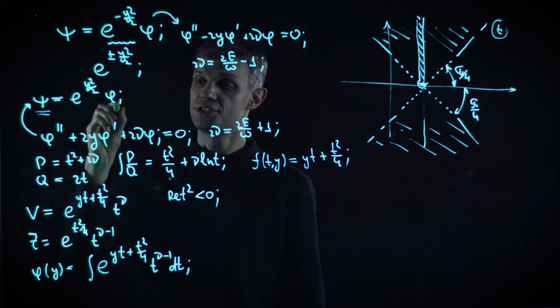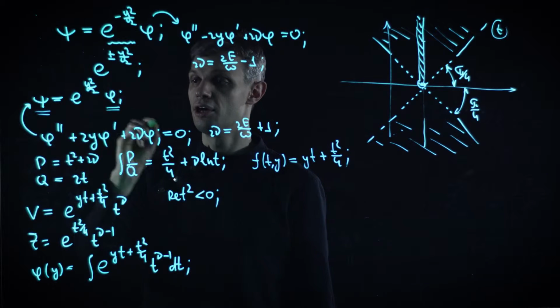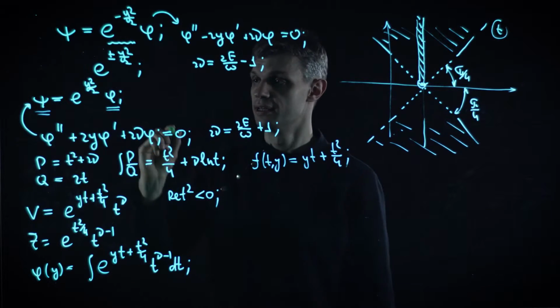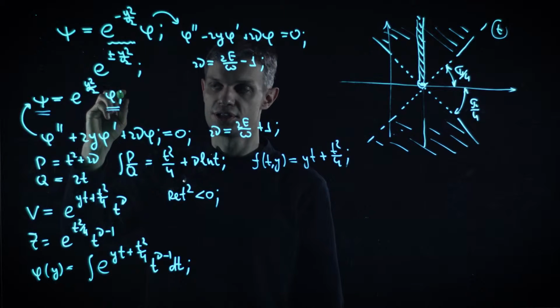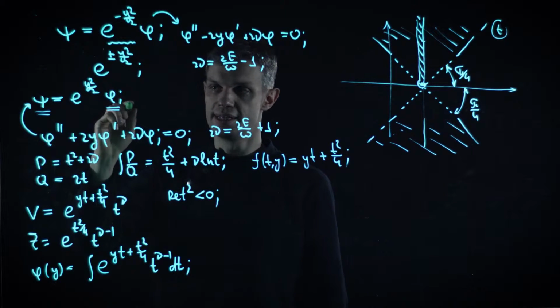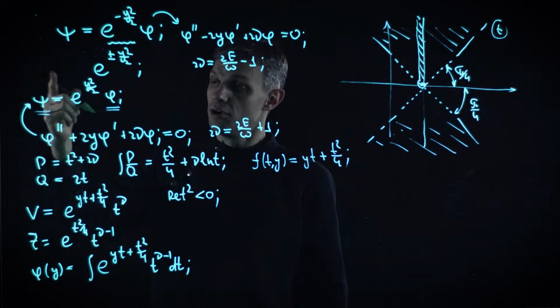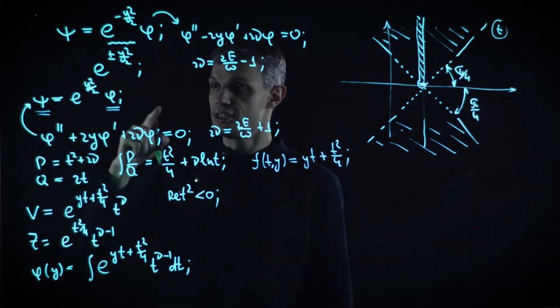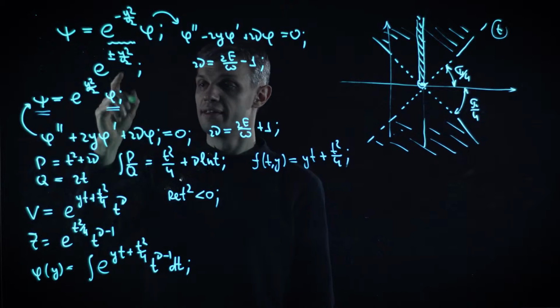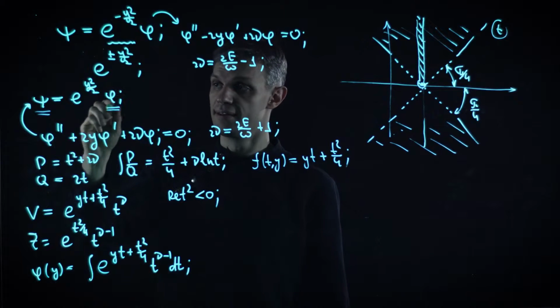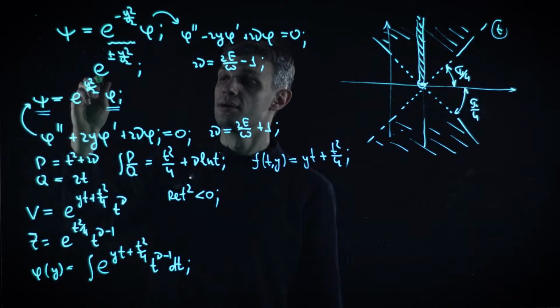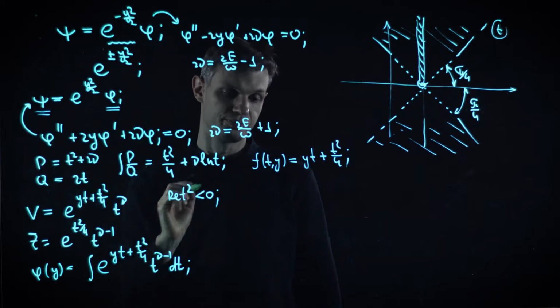This imposes a much stronger condition on our phi function, because it's not enough to require that the phi function simply decays like a power law or something. In order for the whole solution to decay at large values of y, we need to require that the phi function decays faster than the exponential of minus y squared over 2.